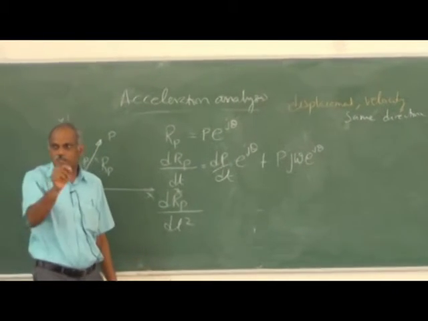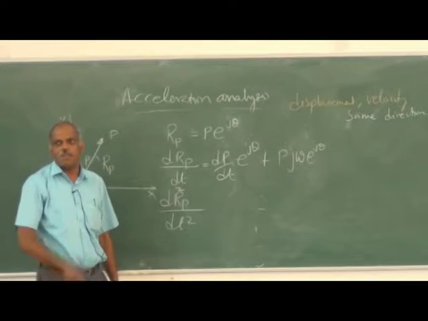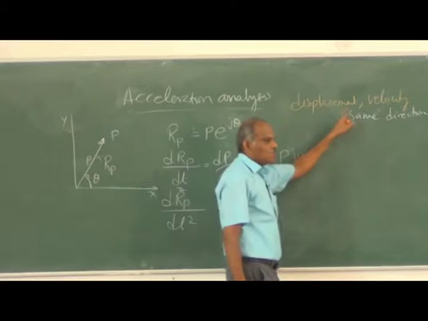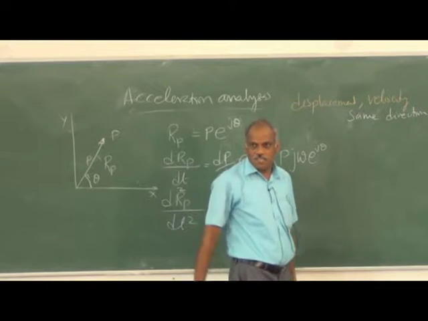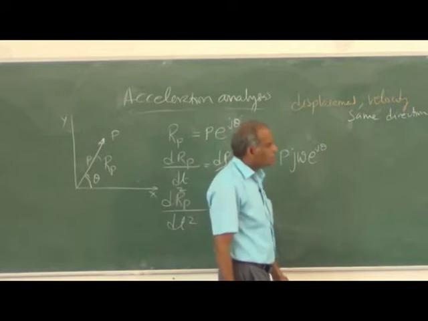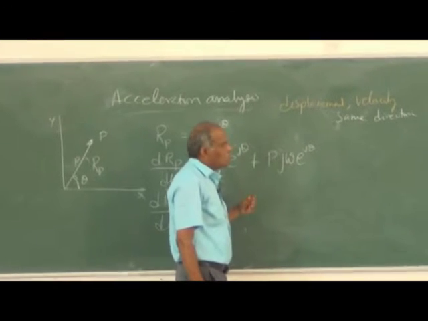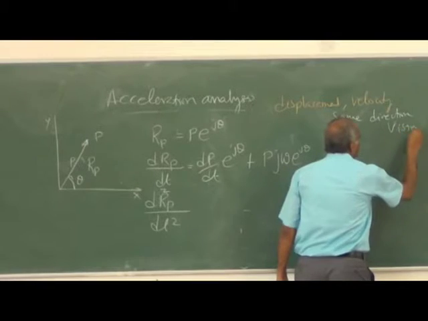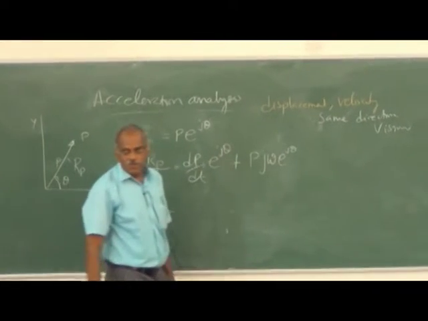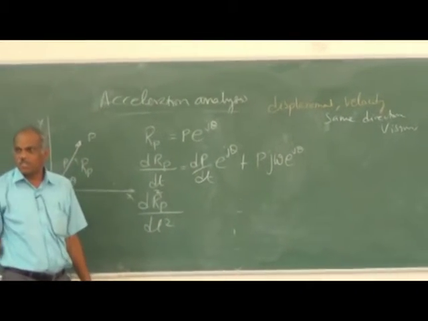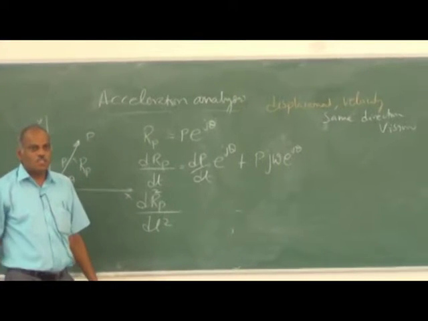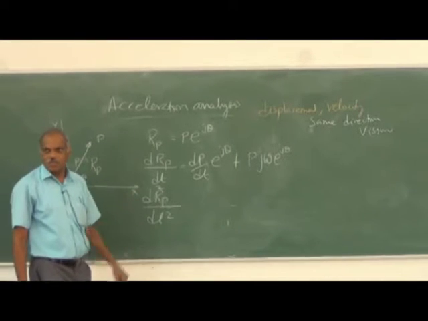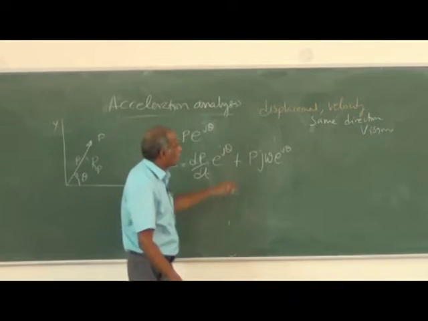When you say there is a displacement, the velocity also will be in the same direction. And both the displacement and velocity can, to a large extent, be perceived by vision. So by your visual perception, you will be able to see the displacement and the velocity. Both will be in the same direction.